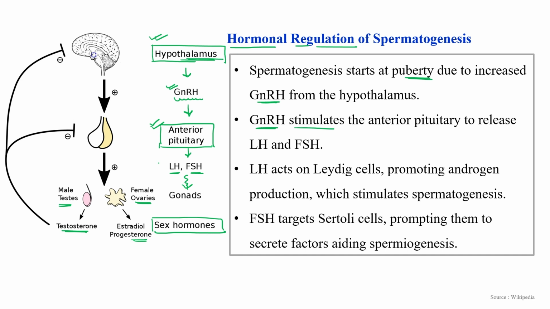The luteinizing hormone acts on the Leydig cells, which promote androgen production, which stimulates spermatogenesis in males. The follicle stimulating hormone targets Sertoli cells and promotes them to secrete nutrition, along with some other factors that aid spermatogenesis. So this is how the whole system works.